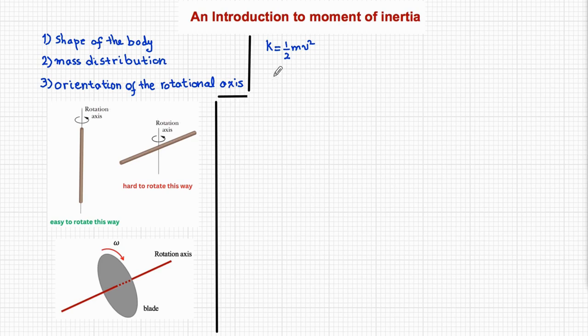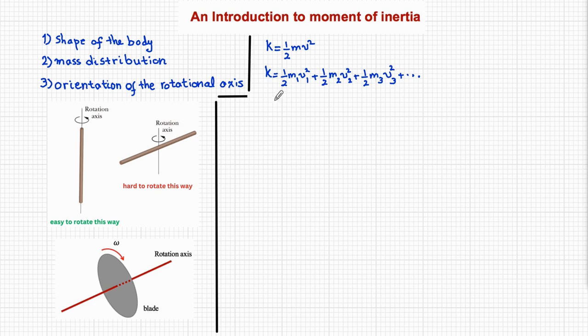Instead, we can treat the blade and other rotating rigid bodies in general as a collection of particles with different speeds. So this blade consists of numerous particles. So we can add up the kinetic energy of all particles to find the kinetic energy of the body as a whole.